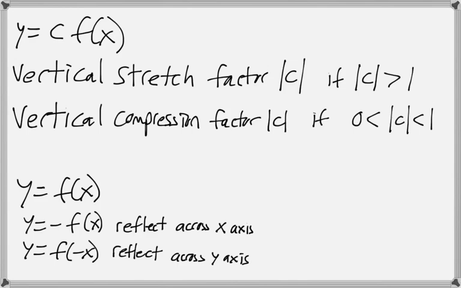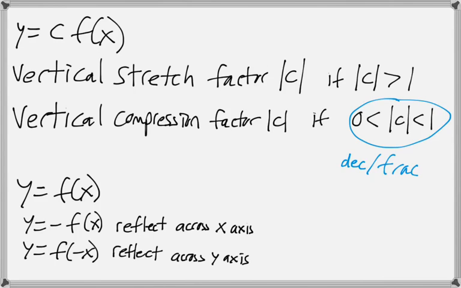So if the absolute value of the number is greater than 1, then it's going to stretch it. If the absolute value is between 0 and 1, then it's going to compress it. And between 0 and 1, that's kind of another way of saying that this is a decimal or a fraction that's less than 1.